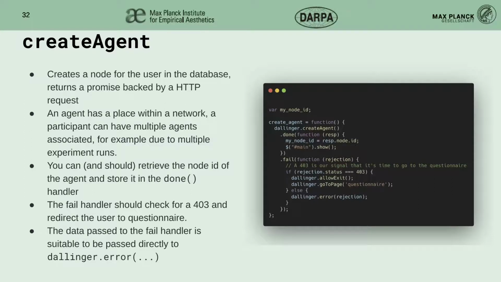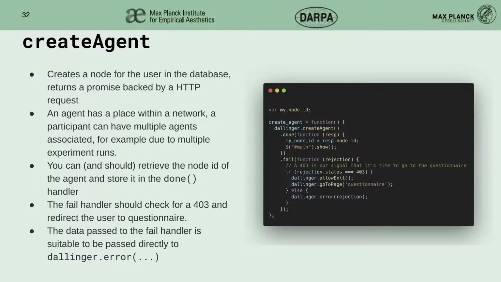You'll see this particular code snippet around in the demos quite a lot. The way create agent works is it will either succeed or fail. And it can fail for 2 reasons. It can fail because of a bug, or it can fail because the backend has decided that they don't want this human participant to do anything else in any more networks. So the way this works is you call Dallinger create agent, but instead of just putting a semicolon there, you call .done and give that a function callback.